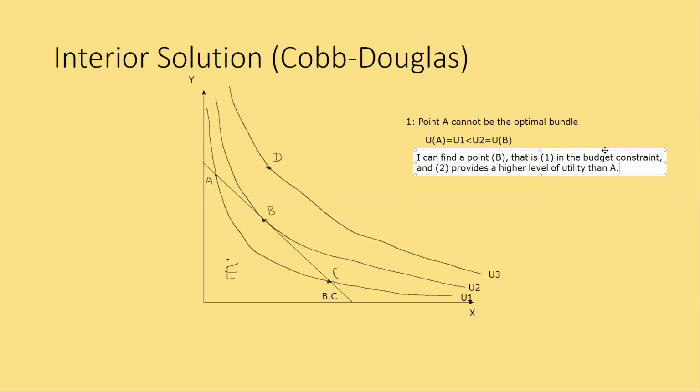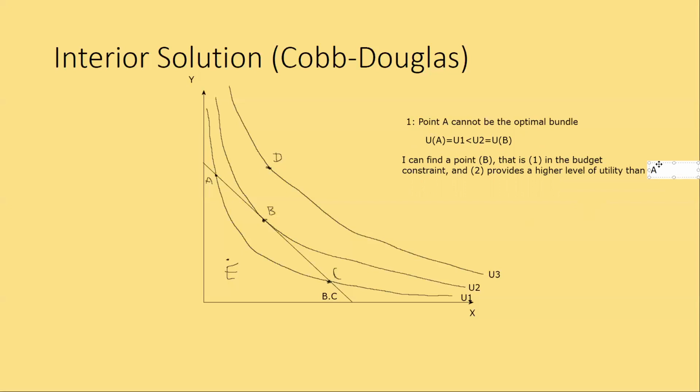All right. My argument for my first statement, that point A cannot be the optimal bundle, is that I can find another point, point B, that is also on the budget line, so that it is within the budget constraint, and point B provides a higher level of utility than point A does. So this makes sure that point A cannot be the point that provides the highest possible level of utility.